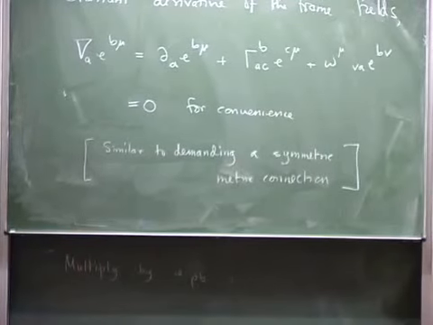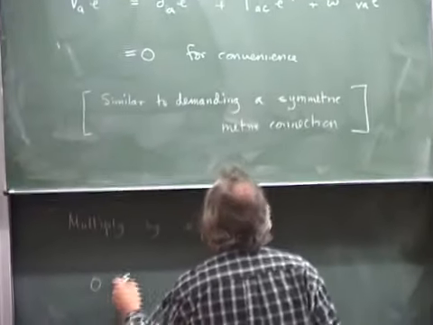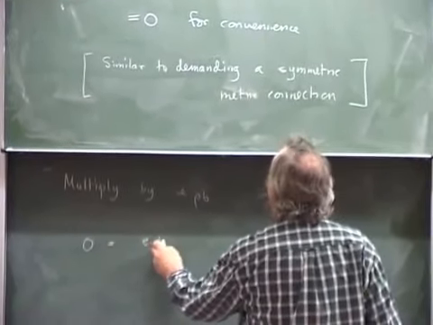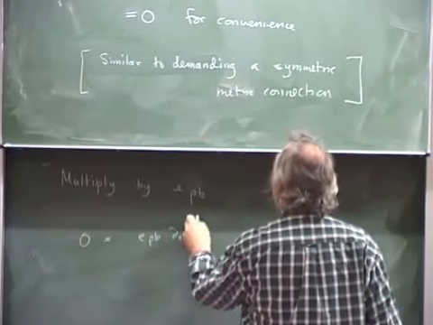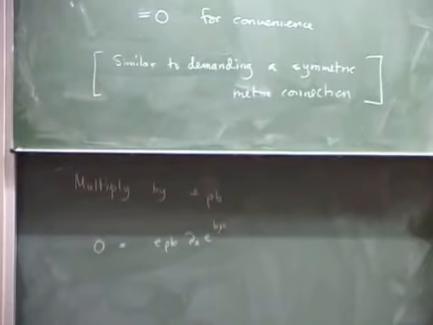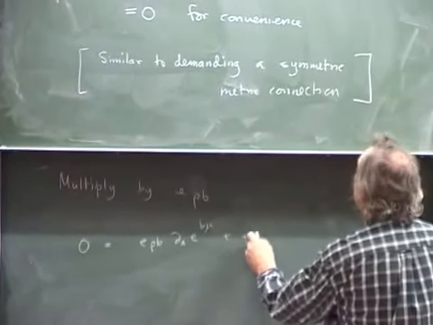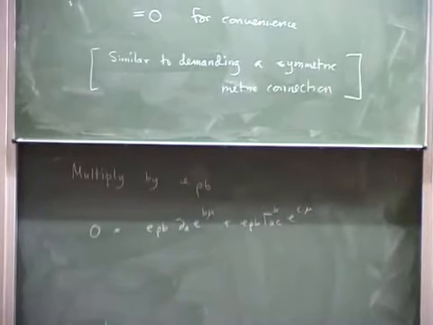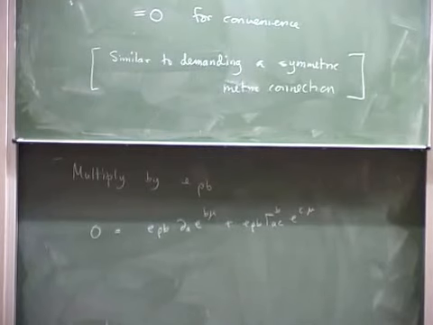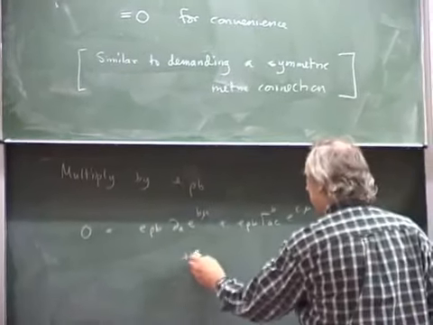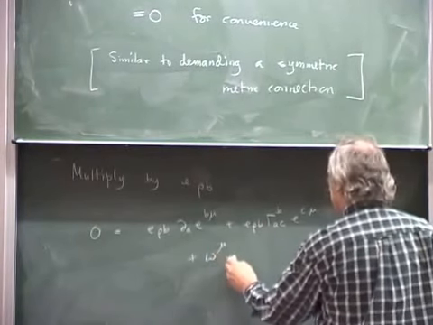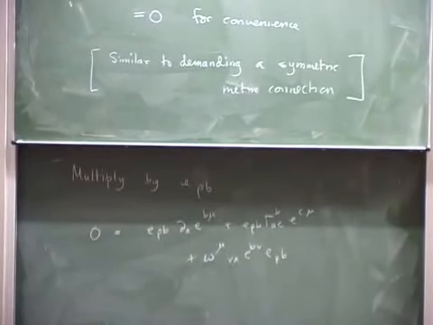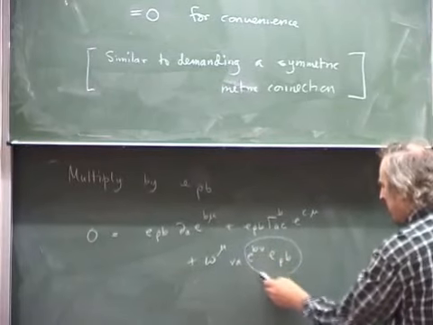So it will read 0 is equal to e_ρB ∂_A e^B_μ. So there's not much you can do with that. Plus e_ρB Γ^B_{AC} e^C_μ, and there's not much that you can do with that either. But the last term you have an ω_{μν A} e^{Bν} e_ρB. So this combination is δ^ν_ρ.